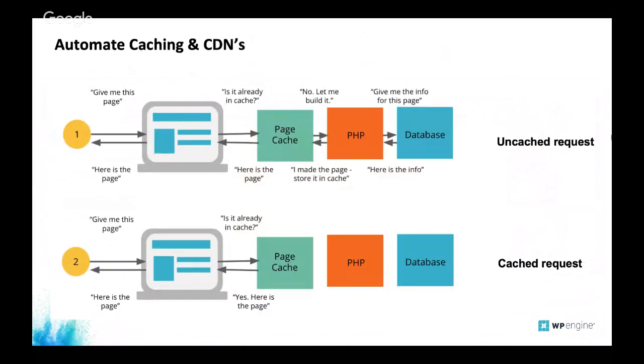Caching is also a very big part of making sure your site's performant, keeping your SEO value at high levels. So page caching has been around for a long time, but I've been doing a lot of research lately and finding that having the caching at the infrastructure layer is definitely more performant than having the normal page caching plugins.